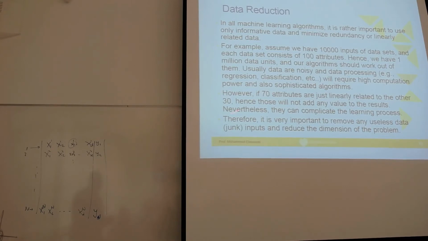If you found, based on some reduction technique, that 70 attributes were just linearly related to the other 30, it means you can remove 70 times 10,000 values from your data, which can greatly reduce the processing, computation, and complication of the learning process.